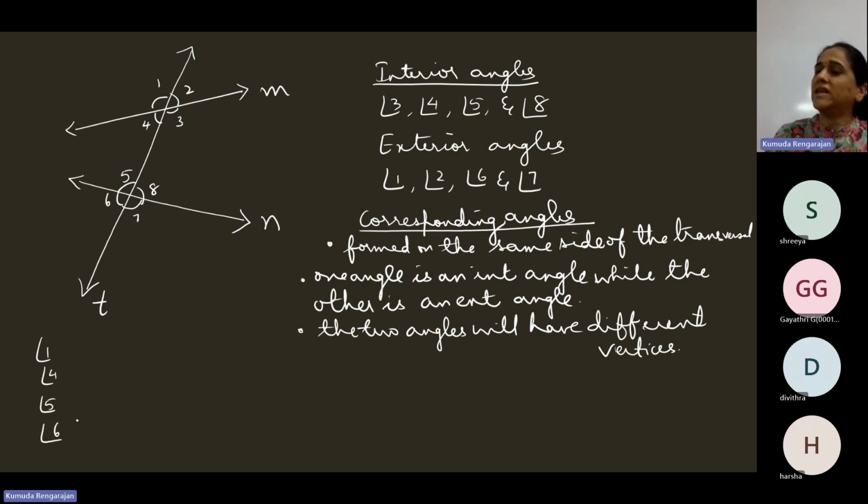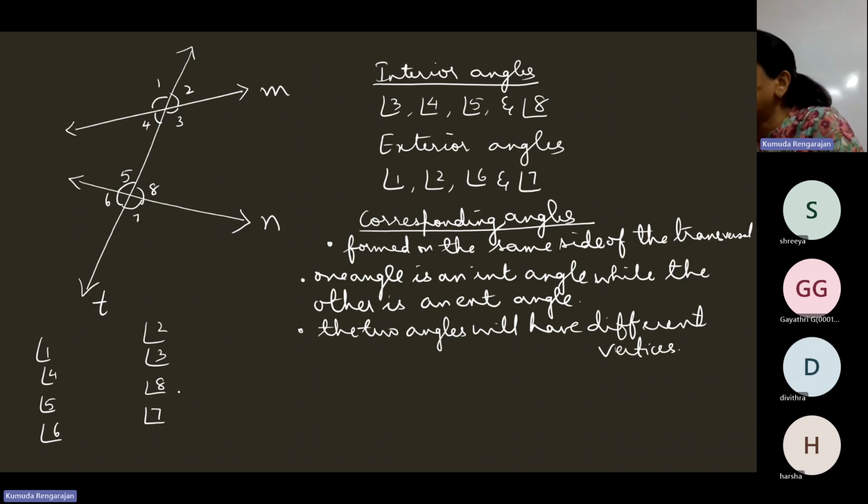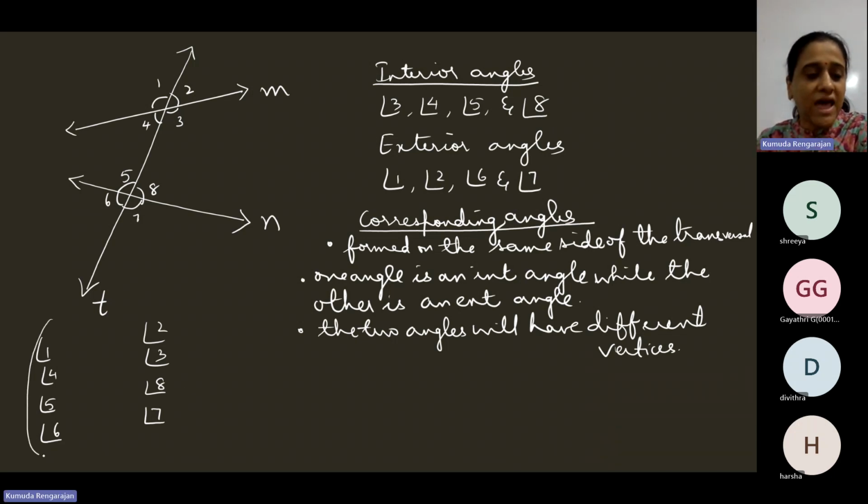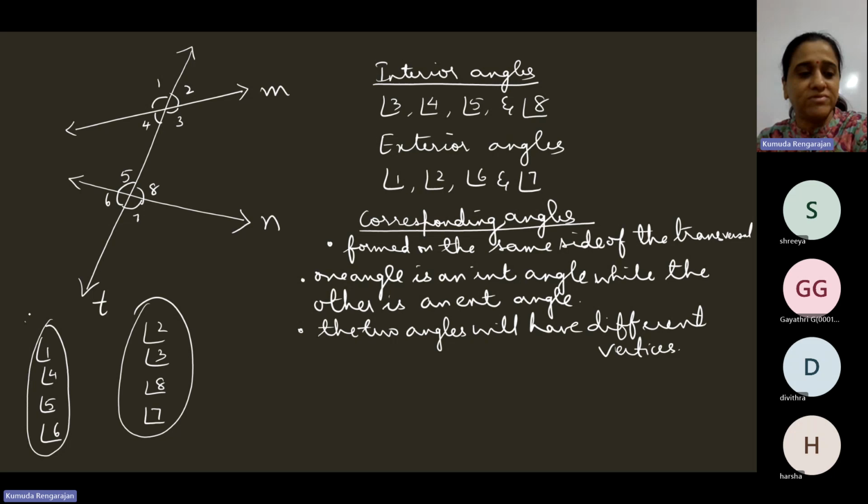They're all formed on the left side of the transversal. Angle 2, angle 3, angle 8, angle 7, all these are formed on the right side of the transversal. So these are angles on one side of the transversal, and these are angles on the other side. So same side.